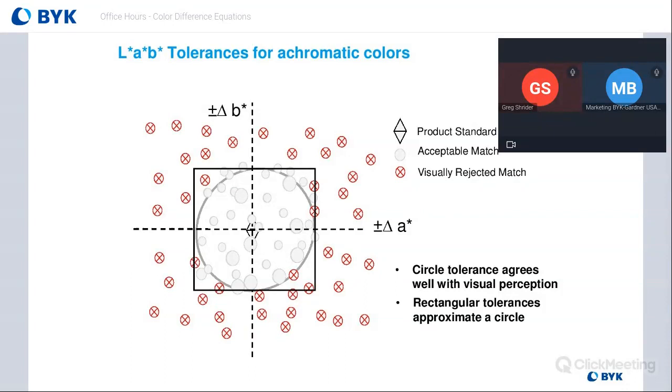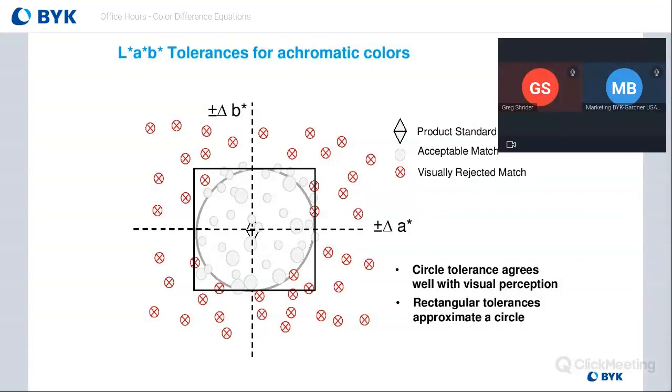And prior to that kind of a delta E calculation, many people used tolerances of L, A, and B, and they would change those cube tolerances depending upon what kind of color they were dealing with.